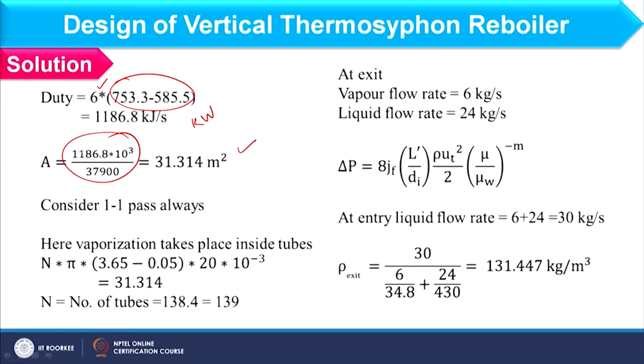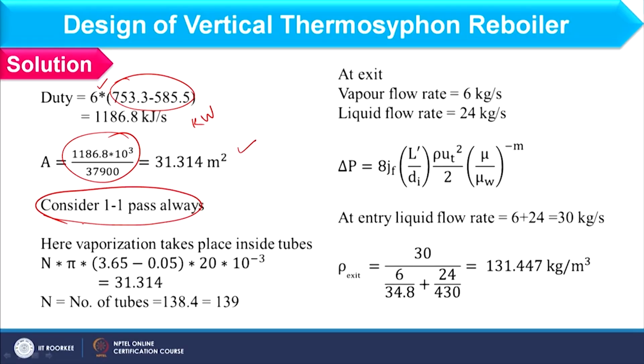Now as I have told you, in vertical thermosiphon reboiler boiling takes place only in tube side. This is a special unit where we always have 1-1 pass. No other unit has such a combination, only vertical thermosiphon reboiler has. So we have to find the number of tubes accordingly. We have the total heat transfer area, and we can find the area of a single tube based on effective length, because each tube will enter twice into the tube sheet at two different ends.